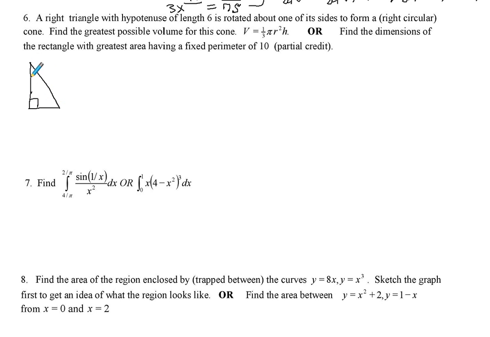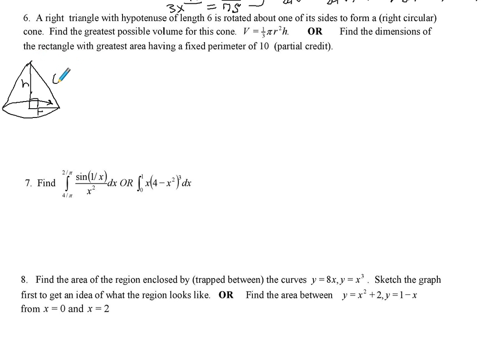And let's rotate it around the vertical side. So then this point is going to rotate around like this. So now here's your radius and here's your height. So either way, it's just whether the cone is right side up or whether it's tipped over on its side. But radius is the distance from the center out. Height is distance from the center of the base to the apex, to the point there.